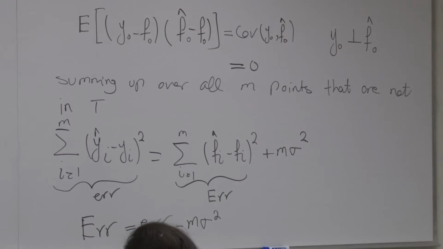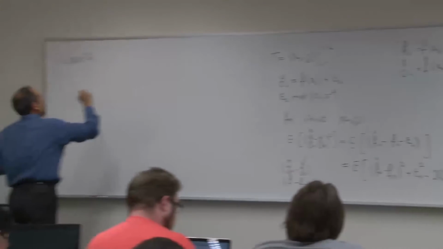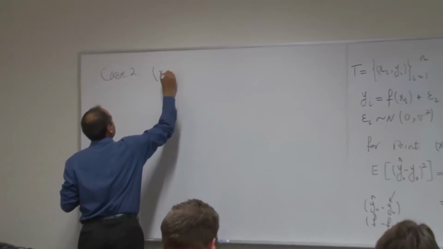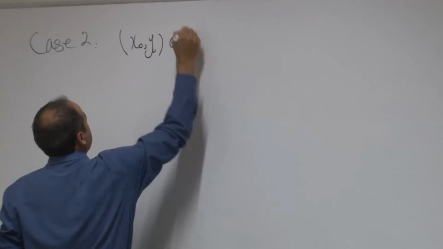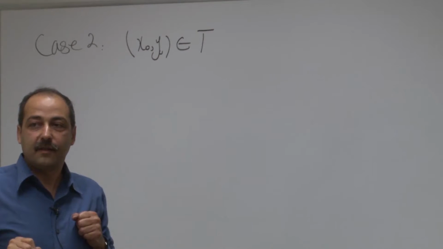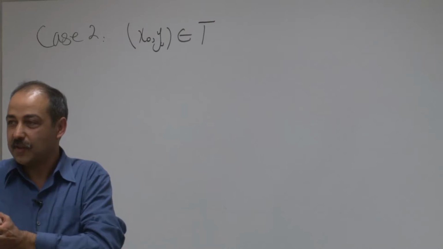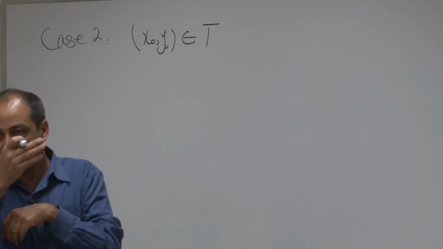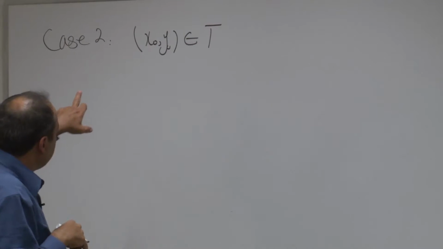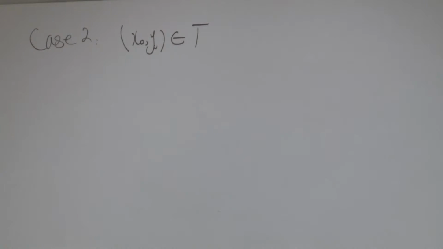So what's happening in the more interesting case, where this point is in the training set? That's the most common scenario. We have a data set and we are training our model using that, and we are trying to minimize the error. So in the case that this is a part of the training set, this cross term is not 0 anymore.